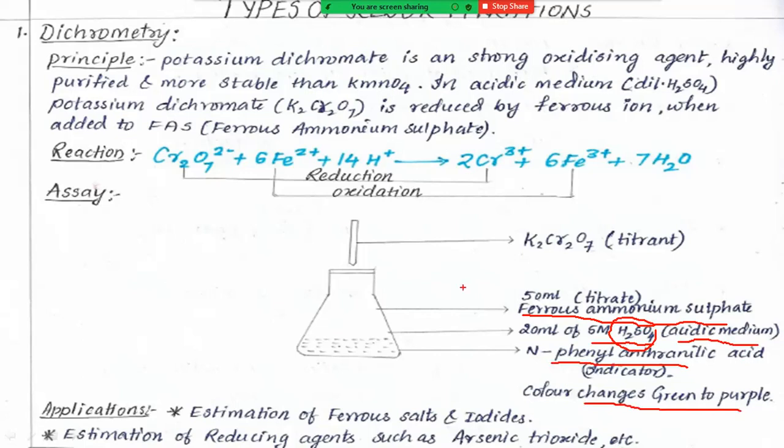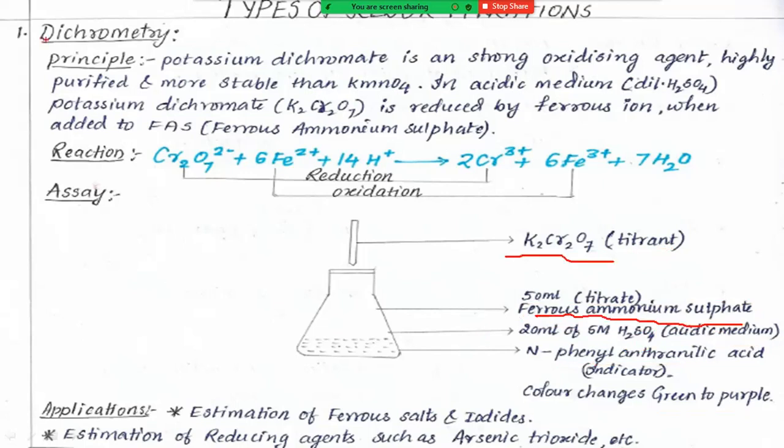What is the titrant solution here? Potassium dichromate is the titrant solution. And what is the titrate solution? Ferrous ammonium sulfate solution is the titrate solution. What is the difference between titrant and titrate? The titrant is the solution in the burette. The titrate is the solution in the conical flask, right? So finally, by this reaction we are estimating ferrous ammonium sulfate by using potassium dichromate.